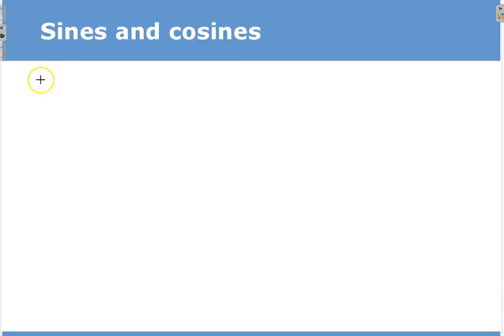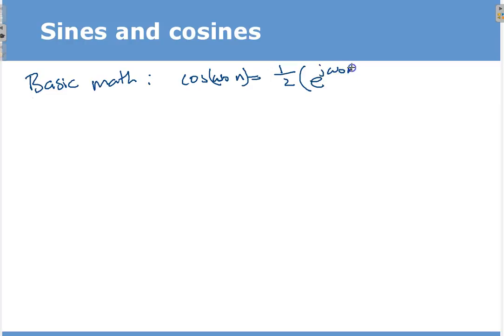So from basic math, if you look at your math identities for how sine and cosine are defined, we would say that cosine of omega naught n is equal to 1/2 times the sum of two exponentials, e to the j omega naught n plus e to the minus j omega naught n.